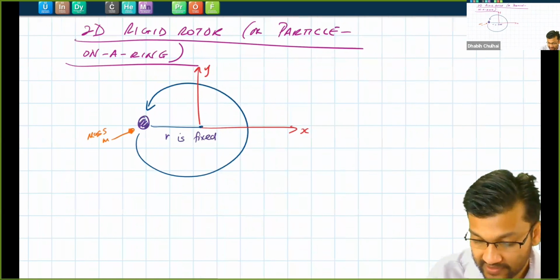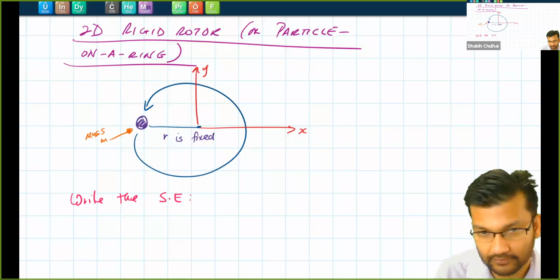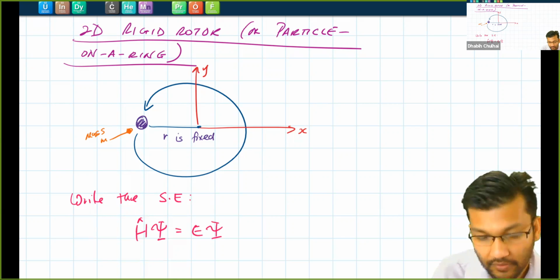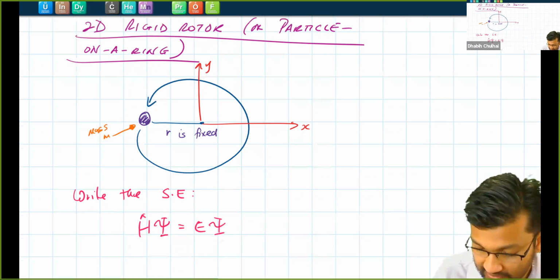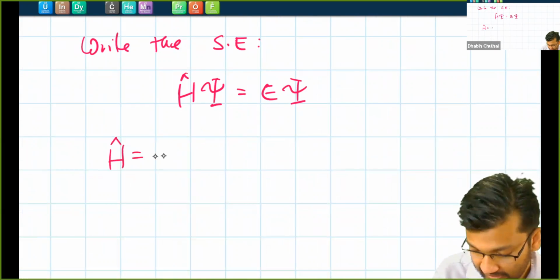What's always the first step in any of these problems? Write the Schrodinger equation. So the Schrodinger equation, it's the Hamiltonian times the wave function is equal to energy times the wave function. We need to figure out what the Hamiltonian is, right? The Hamiltonian is the kinetic energy plus the potential energy.